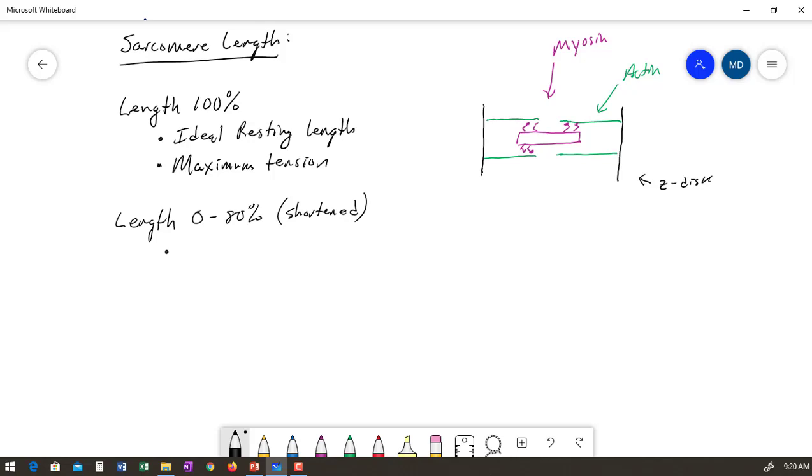So this has less strength than ideal. And here are some of the reasons why. We get a massive overlap of actin with myosin, and because of this, we get fewer cross bridges.